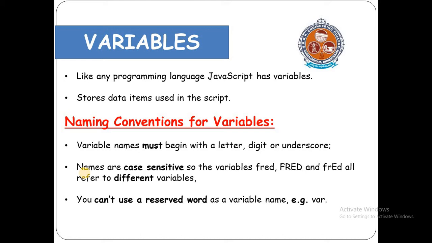For variables, there are some naming conventions. If you want to use variables, there are strict rules for how variable names must be, like in other languages. Variable names must begin with a letter, digit or underscore. You already know the same rules apply for all languages.